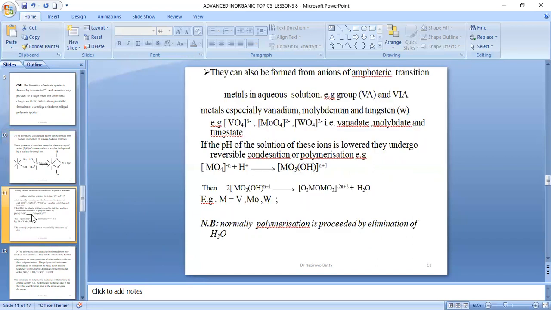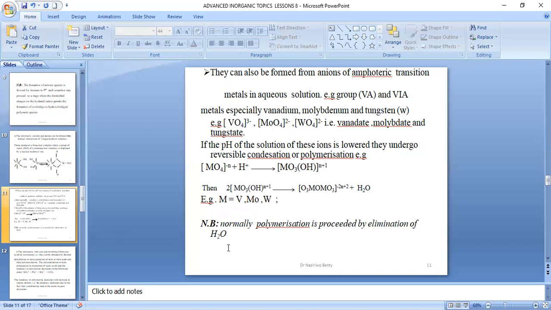They can also be formed from anions of transition metals in aqueous solution. Examples are the group 5A and group 6A metal species, especially vanadium, molybdenum, and tungsten.